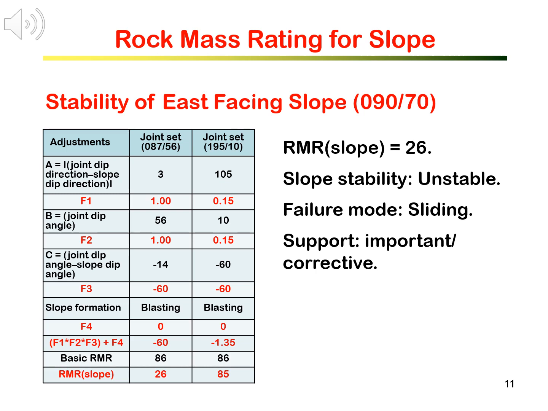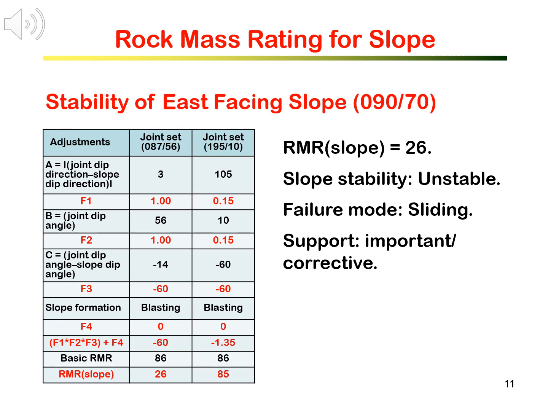Combining the adjustments for both joint sets, the worst is from the first joint set. The east-facing slope has a poor rock mass quality with IMR slope rating of 26 because of the influence from the first joint set on the slope.